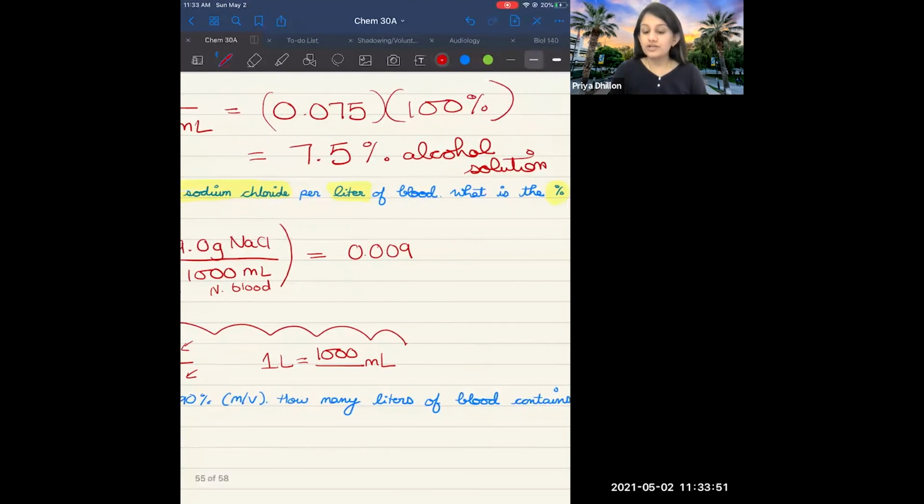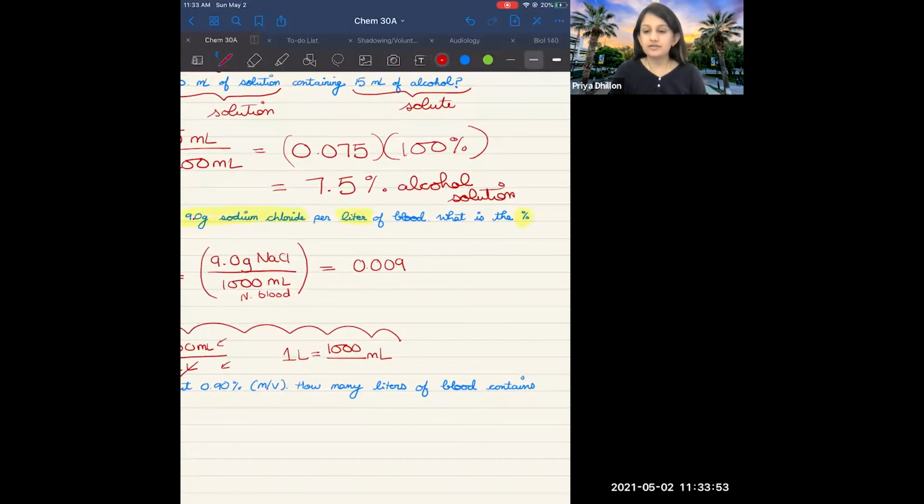We have to convert it into a percentage. How do we do that? Yep, multiply by 100%. And what did you guys get for the final answer?